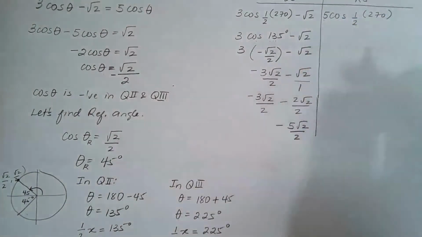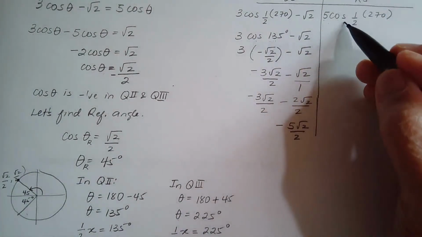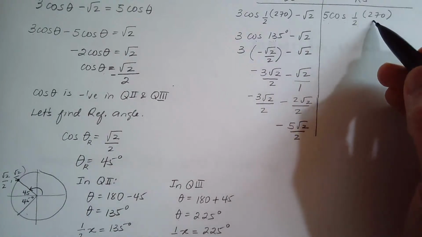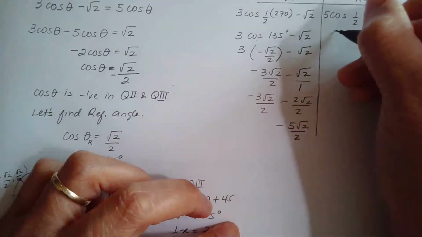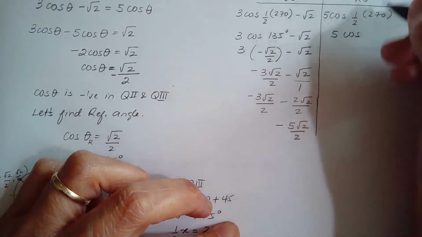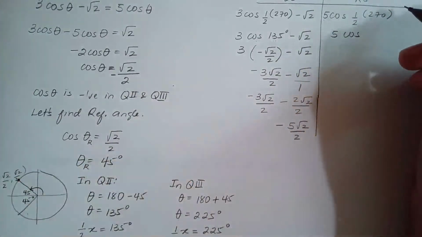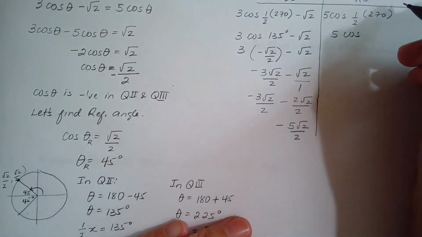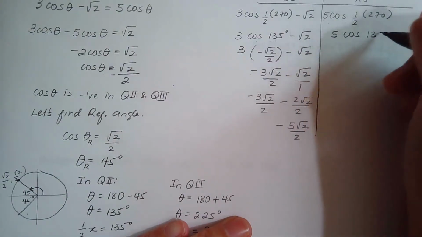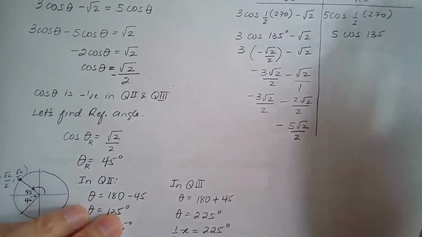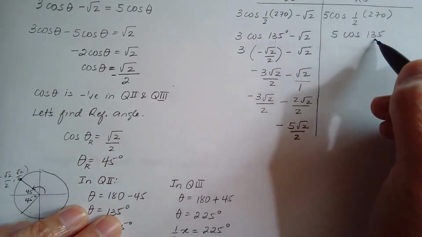Let's figure this out. What's 5 times cos of 1/2 times 270? 1/2 times 270 is going to be 135. Okay, so what is the cos of 135?